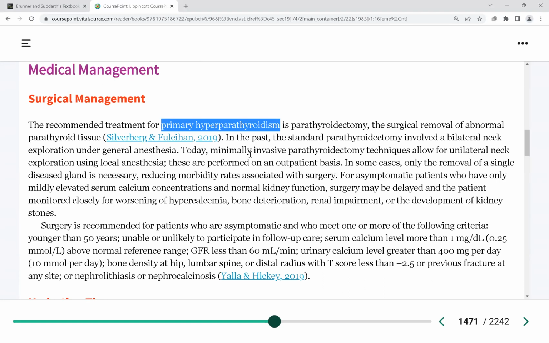We already discussed the patient undergoing thyroidectomy, and the nursing responsibilities before and after surgery are exactly the same. Because why? Where are the parathyroid glands? They're cutting the same area underneath the neck. They're attached to the thyroid gland. So therefore, removal of the parathyroid glands results in partial or complete removal of the thyroid gland as well.